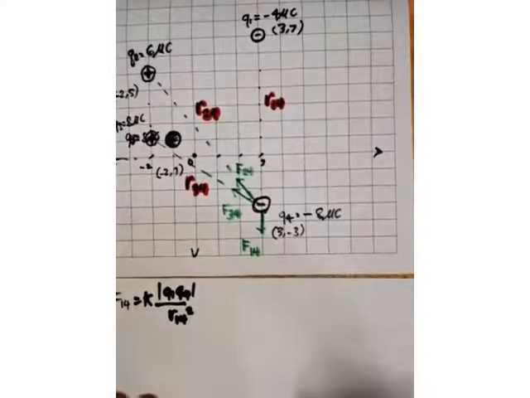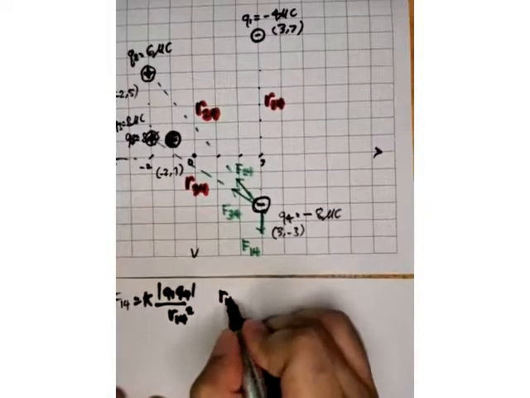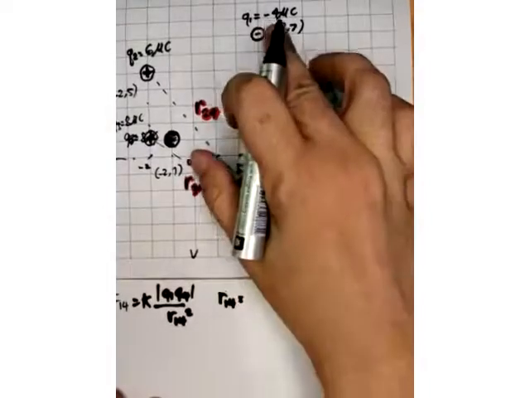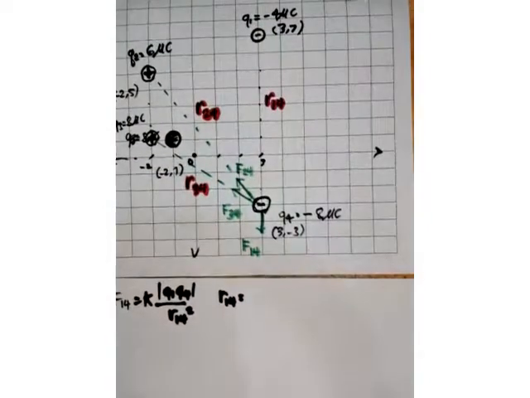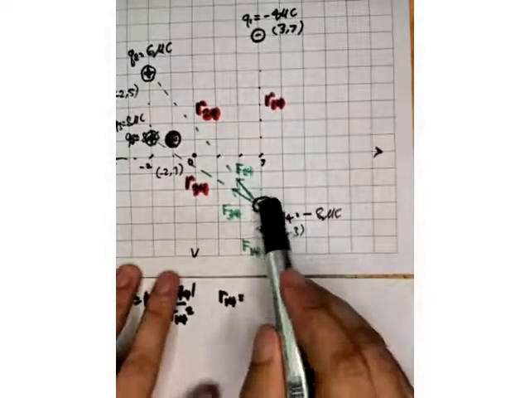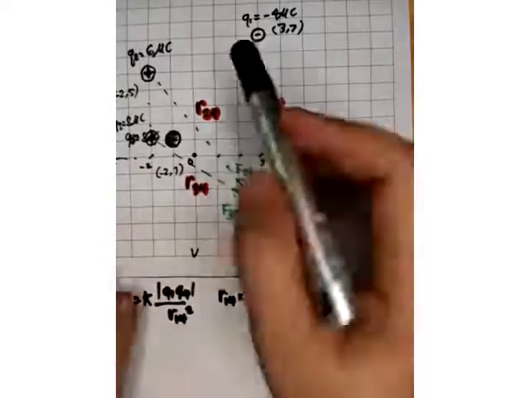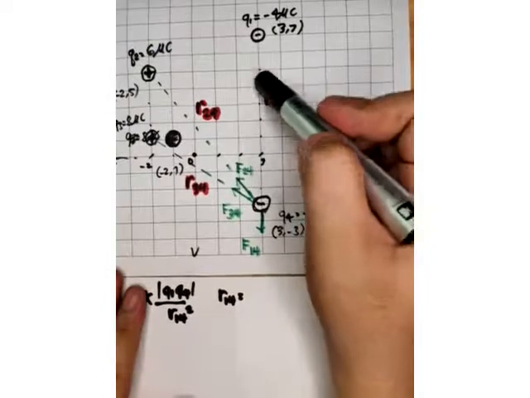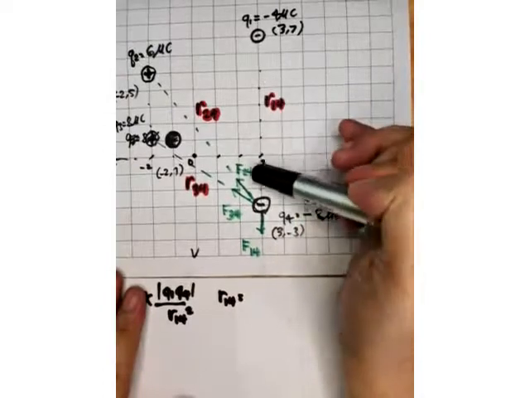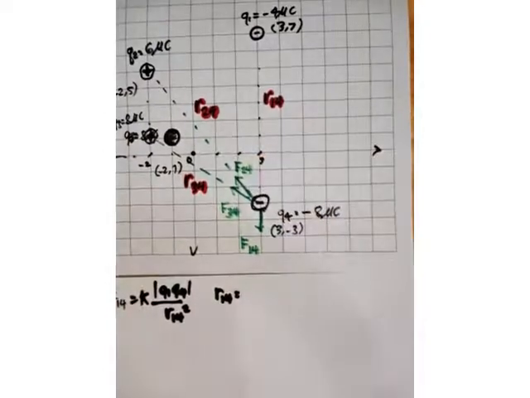So ano ba yung ating R14? Kung ayaw mo mag-distance rule, pwede naman magbilang. Kaya lang nasa straight line sila, pwede naman bilangin na 1, 2, 3, 4, 5, 6, 7, 8, 9, 10. 10 cm. Or pwede naman tayong mag-distance formula.